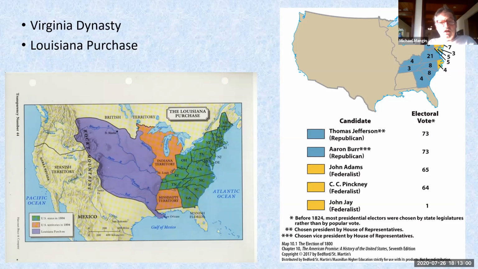And Jefferson, the first of them that became president, was marked by the purchase of Louisiana, shown here in purple. He sent his ministers to purchase New Orleans, but Napoleon only wanted to sell all of Louisiana.